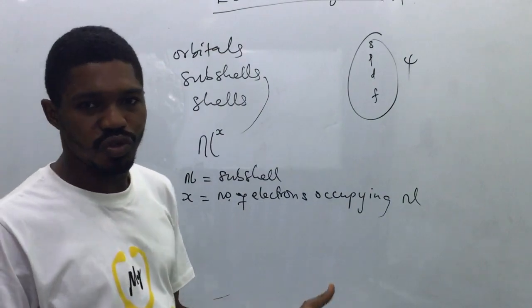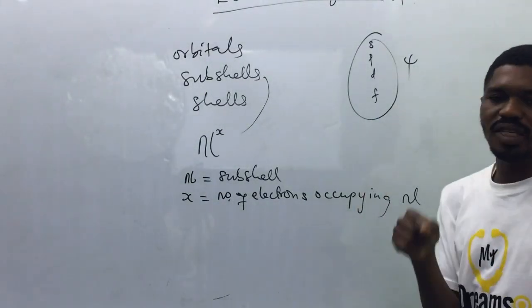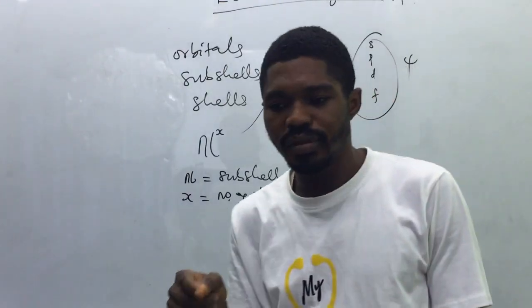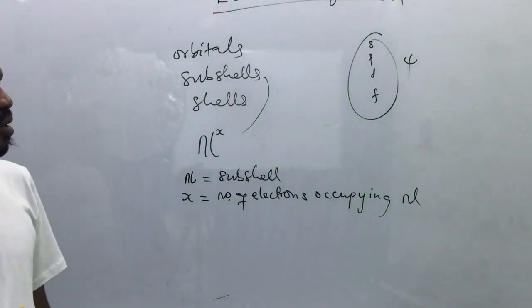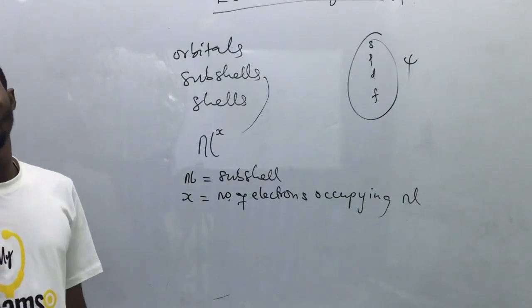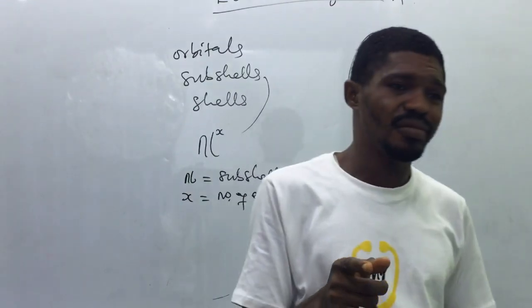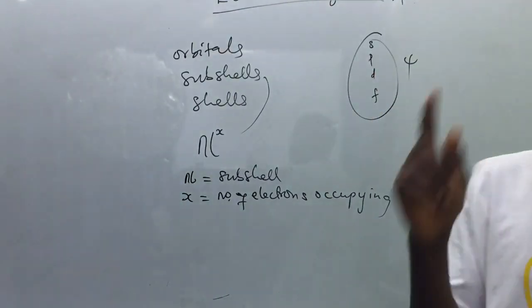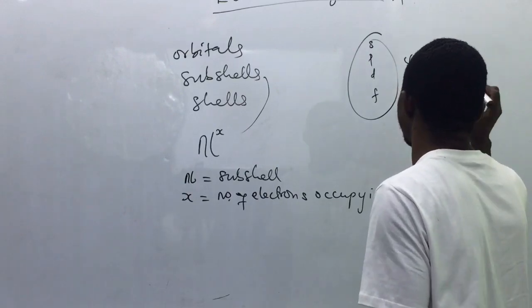There are a set of rules you use here. One is that the maximum number of electrons that can be accommodated by a subshell is given by this formula: 2 times (2L plus 1).